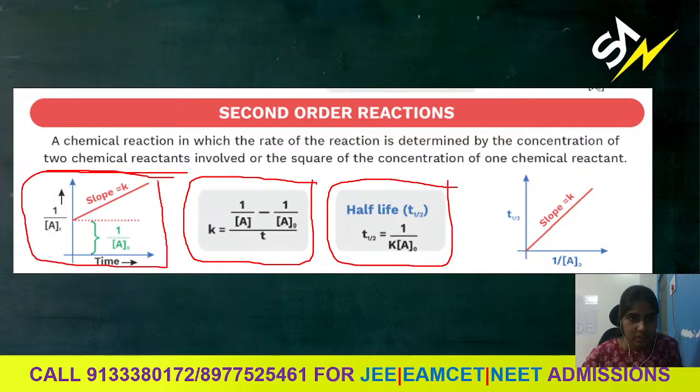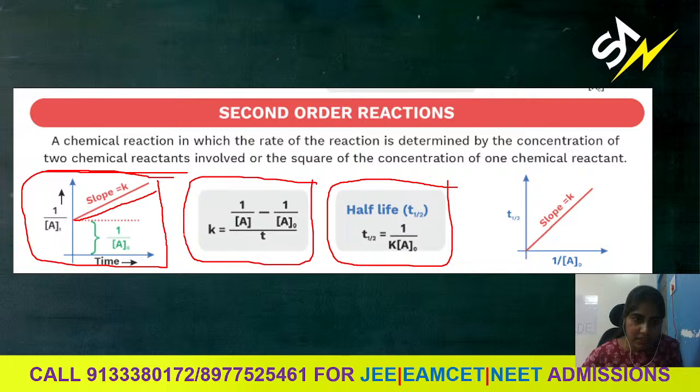And this graph shows the second order equation. Here 1 by the concentration at time t is taken on the y axis and time is taken on the x axis. There will be a line passing in this way.